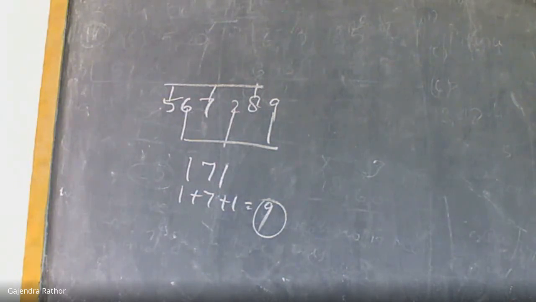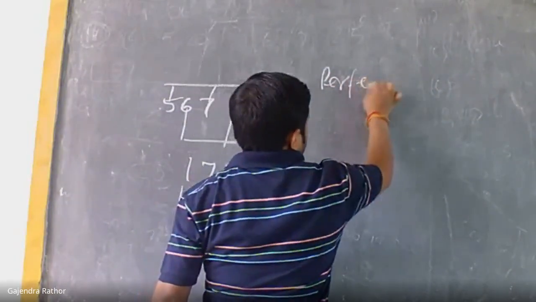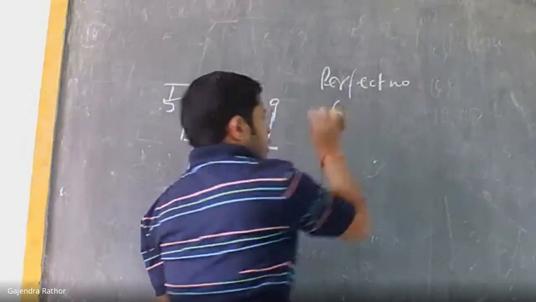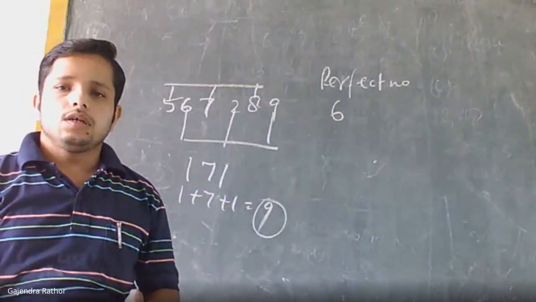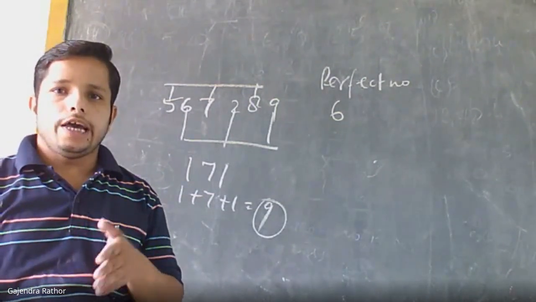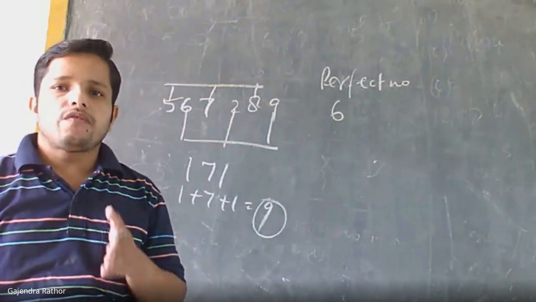The next doubt: what is a perfect number? Okay, this is a very good question. What is the definition of a perfect number? If the sum of all the factors of a number is twice the number, then that number is called a perfect number.